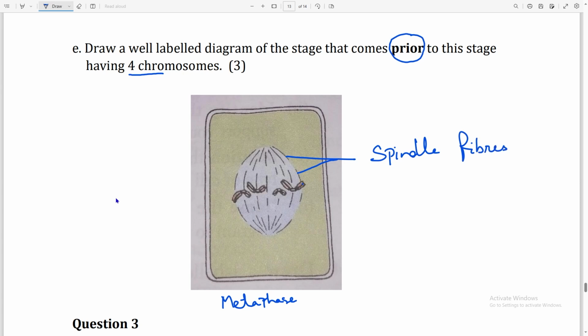Then the duplicated chromosome, which consists of the chromatids, and this is the centromere, and all the chromosomes are to be drawn on the equatorial plate. So this is the equatorial plate. This question carries 3 marks. For writing metaphase, it carries 1 mark. For drawing the chromosomes, 4 chromosomes, it carries 1 mark, and for labeling it carries 1 mark.